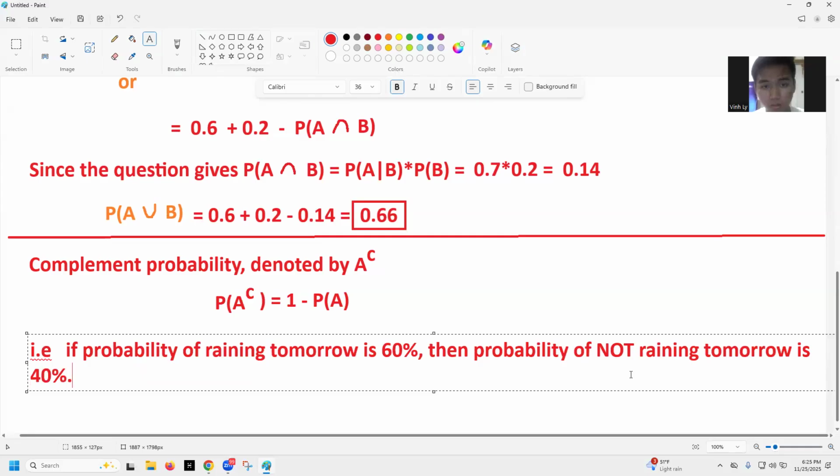We just simply take 1 minus 60%. So you get 1 minus 0.6. So that is 40%.